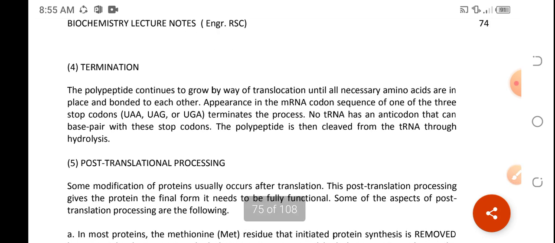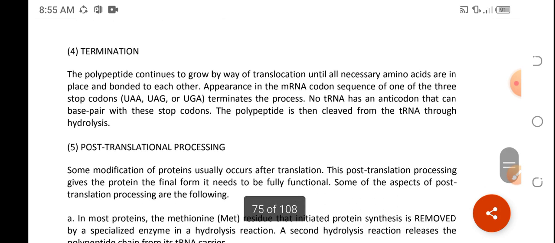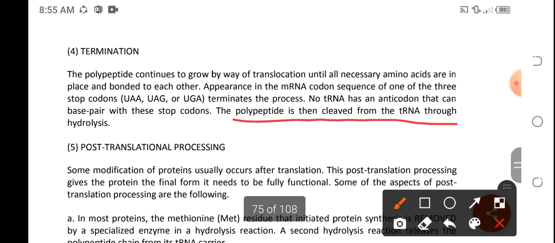So, matatanggal na rin siya dun sa ribosomal unit niya or matatanggal na rin siya dun sa tRNA. So, ito, polypeptide, which is the chain of amino acids, will be cleaved. So, matatanggal siya from the tRNA in the process of hydrolysis.